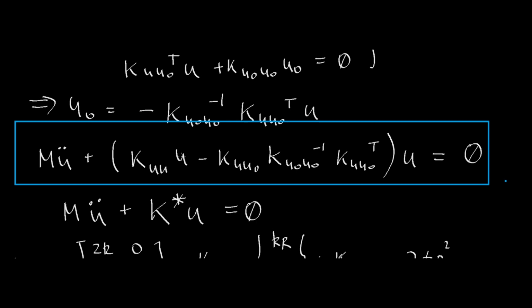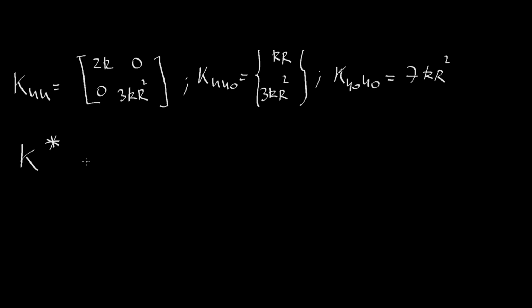Sorry, I should not factor out the term u. That's why I factorize u. This is the expression for K star. If we calculate all these terms, we conclude that our matrix K star can be written as the following. I will let you do it as an exercise of matrix algebra.